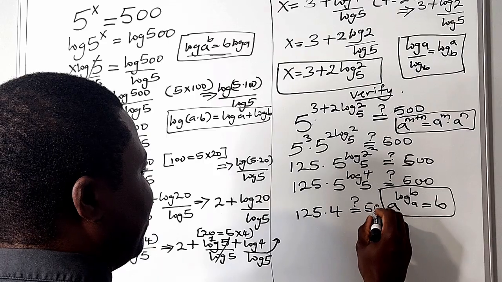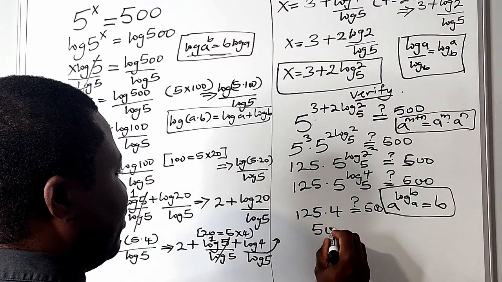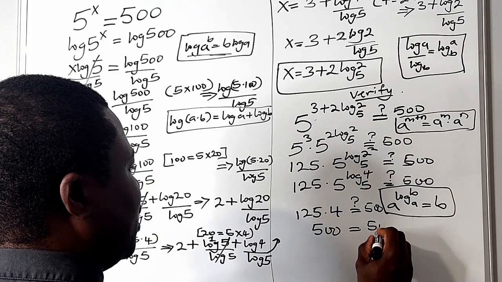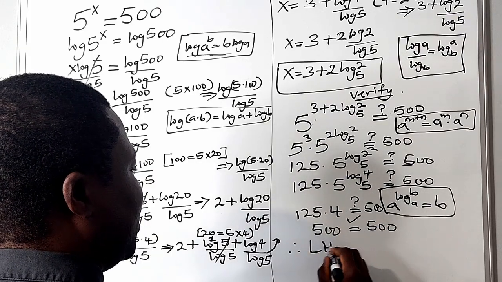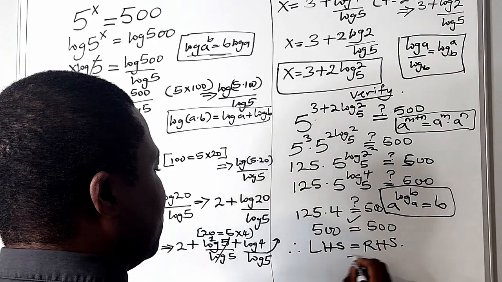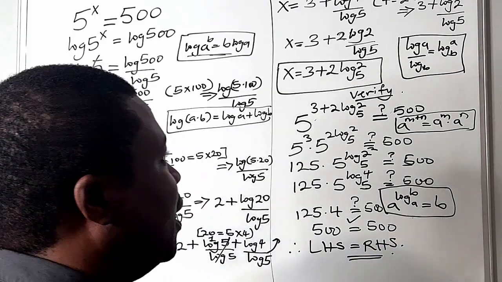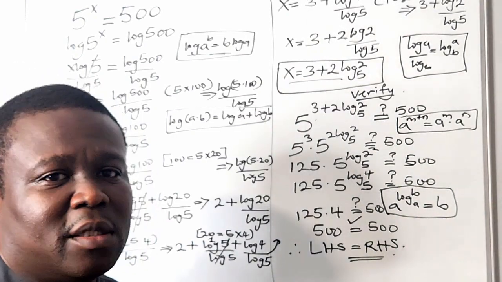Is that equal to 500? 125 times 4 is 500. And this is equal to 500. Therefore, the left-hand side is equal to the right-hand side. And so what this means is that our value for x is correct.